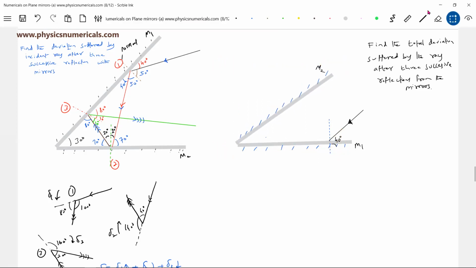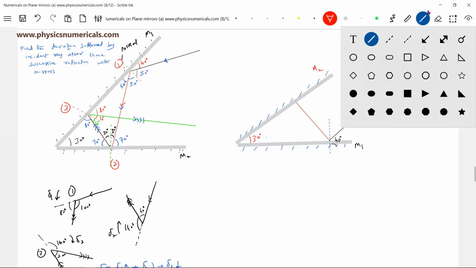Yeah, fine. Because drawing the diagram will become a little bit easier, because I have to show that smaller angle of 30 degrees. Okay, now come to this one. After reflection, the ray, 40 degrees, it will come here.